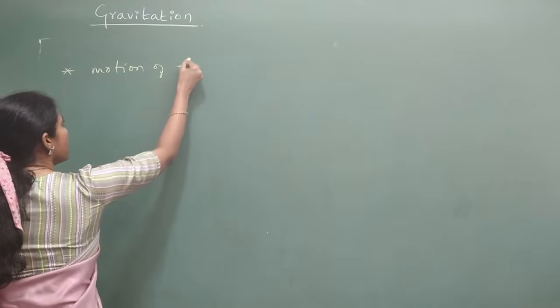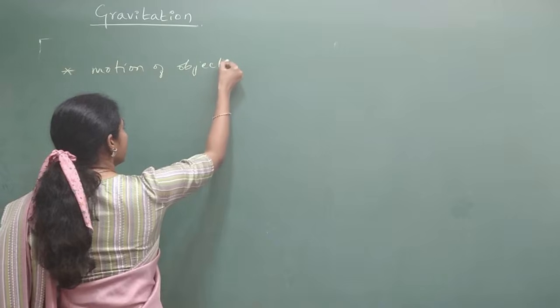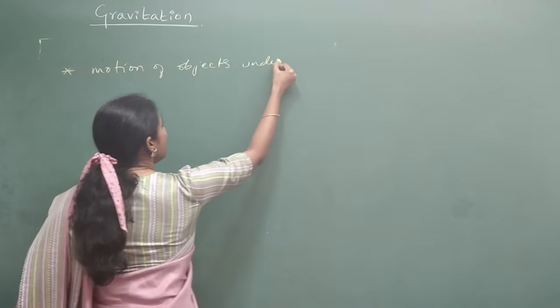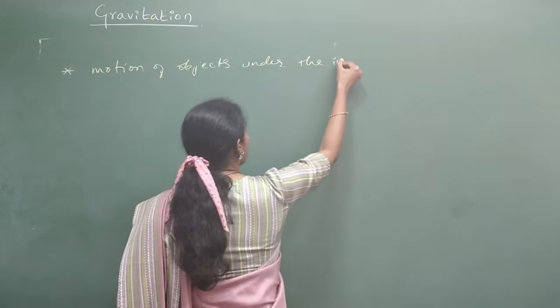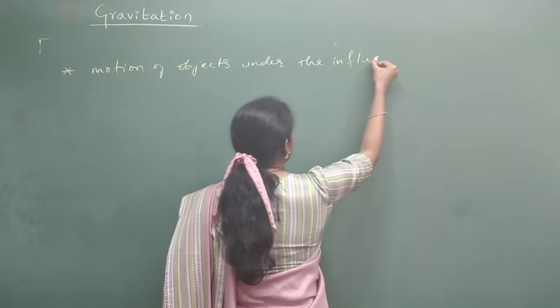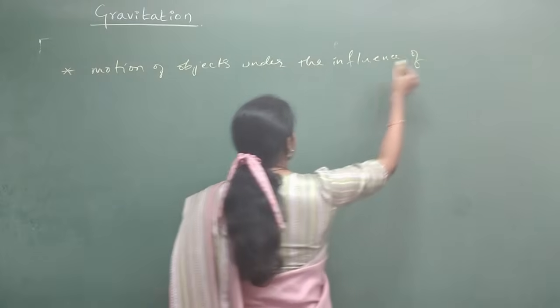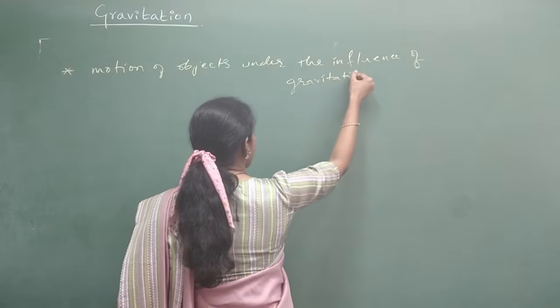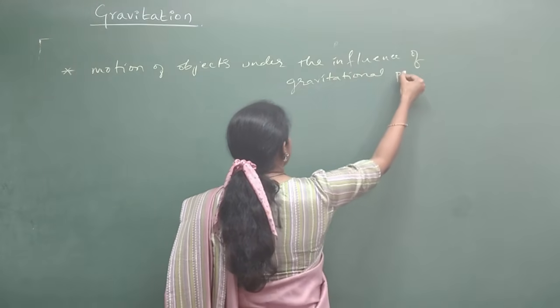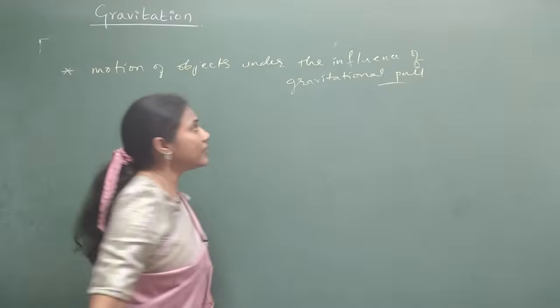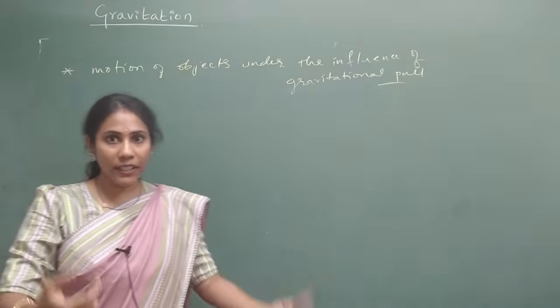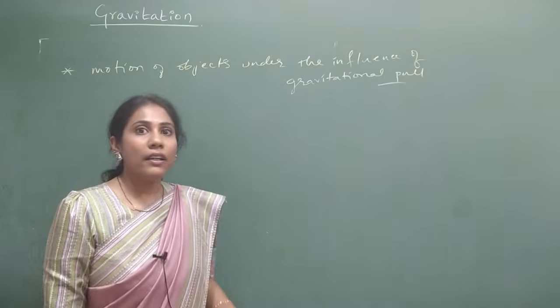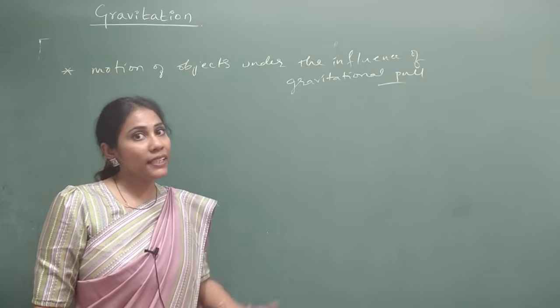Motion of objects under the influence of gravitational pull. Every object on earth, when it falls or goes above, the motion depends on the gravitational pull.